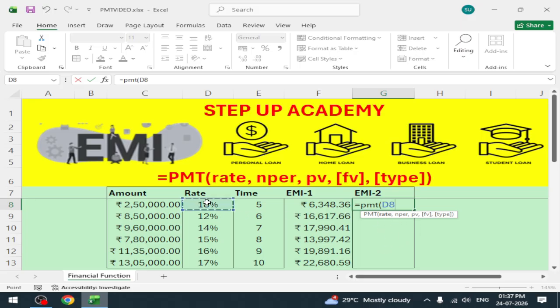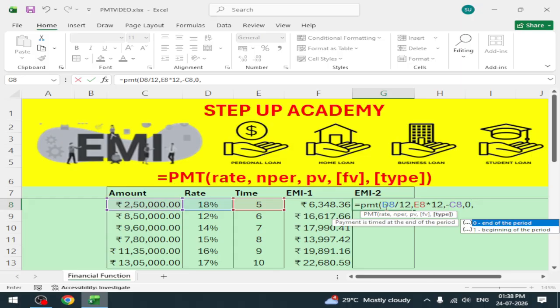Now let me apply the rate of interest divided by 12, time, it should be into 12, comma, minus loan amount, and then the future value. Of course I have to settle all the loan. I don't want any debt left over. Then simply the future value should be 0. It means I have to pay all the loan amount as per the specified amount.